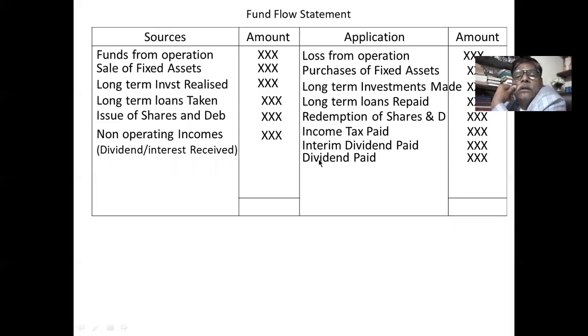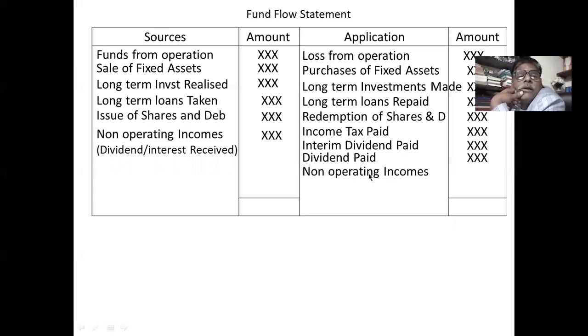Income tax paid and dividend paid means the bank account item, the debit side in the account comes here. Provision for income tax and proposed dividend come in the funds from operation. This is the point you remember.